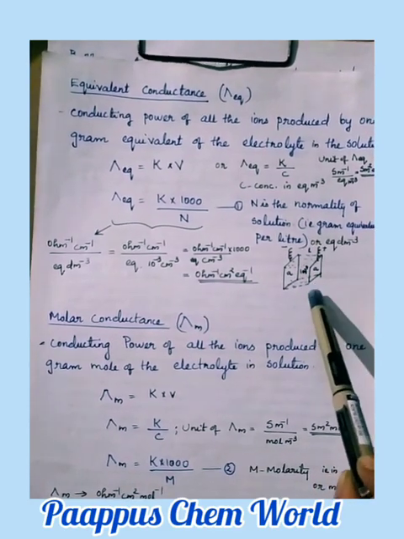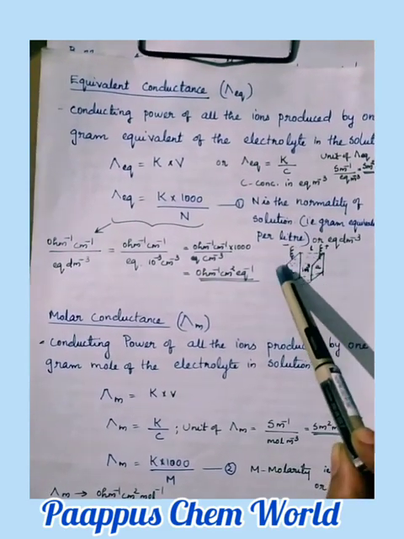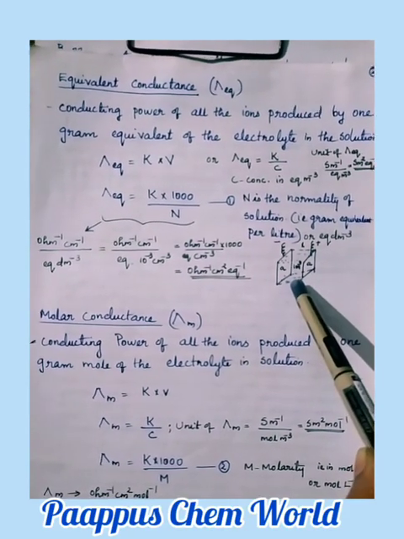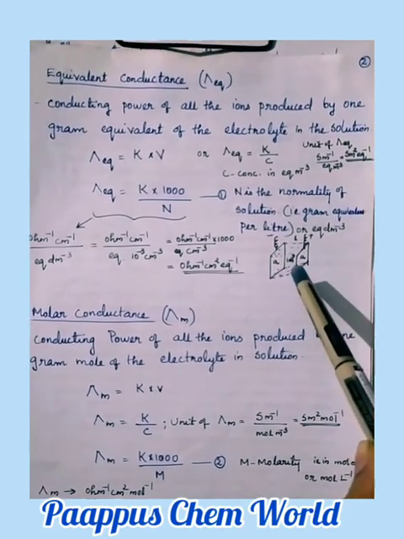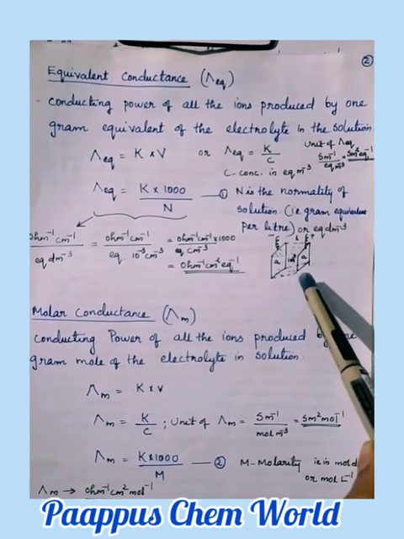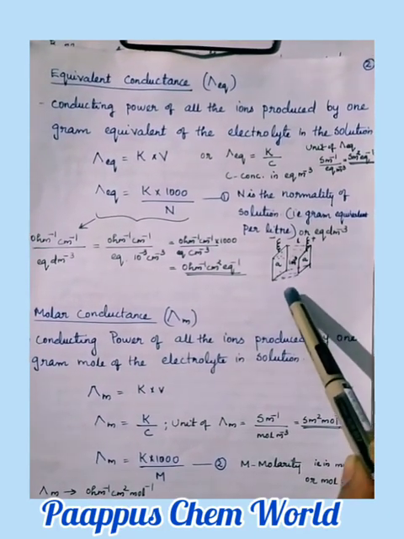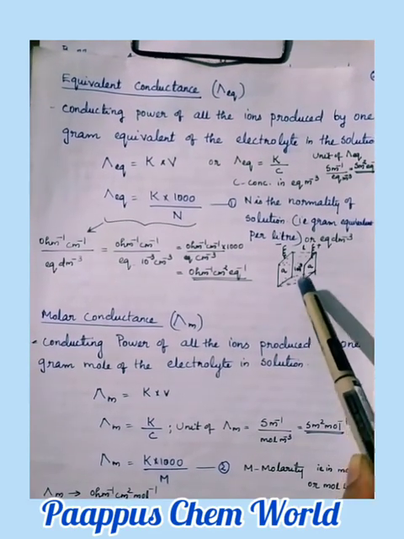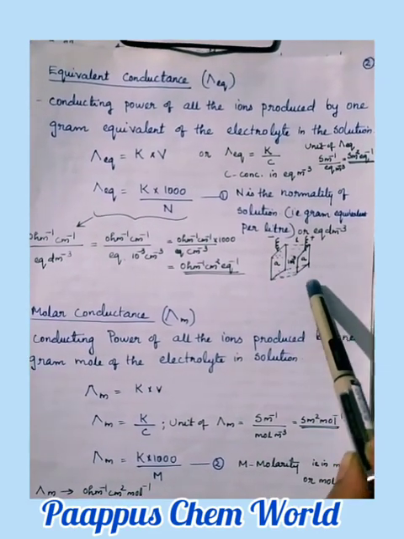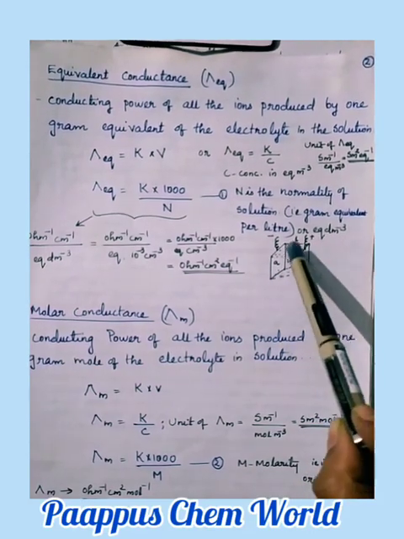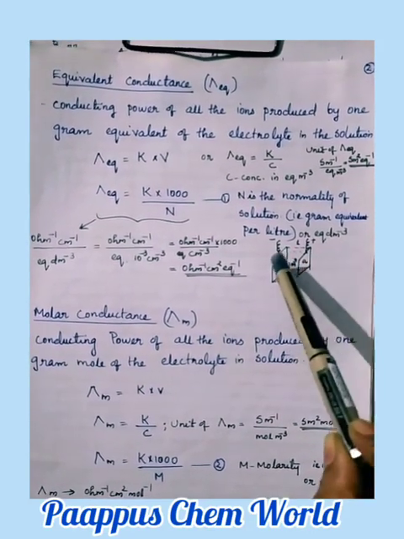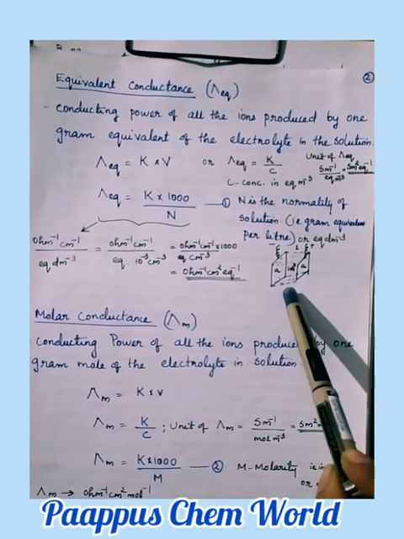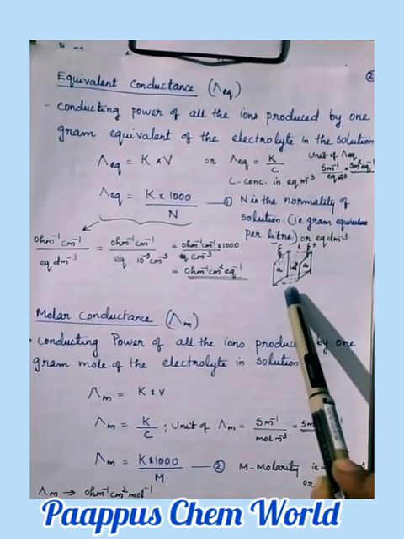In this case, this 1 meter cube of solution contains 1 gram equivalent of the electrolyte. Then the conductance is equal to specific conductance. Why does the conductance become equal to specific conductance? Here, it is the conductance of 1 meter cube of the solution, which is known as specific conductance.